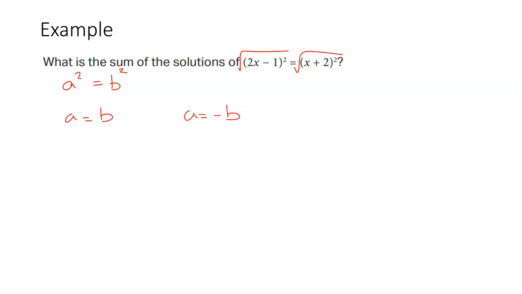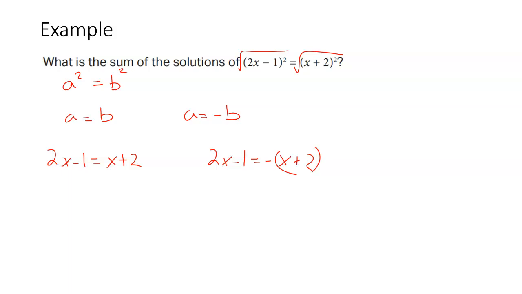All right? So when I square root both of these, I end up with 2x minus 1 equals x plus 2. But I also end up with 2x minus 1 equals negative x plus 2. So I'm going to get 2 solutions. And then they want us to add those 2 solutions because it wants the sum of them.